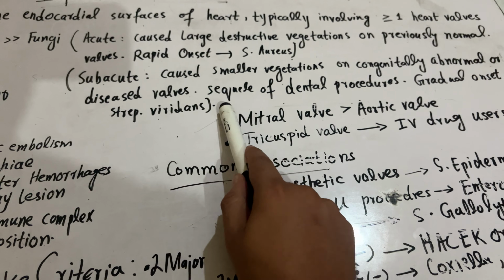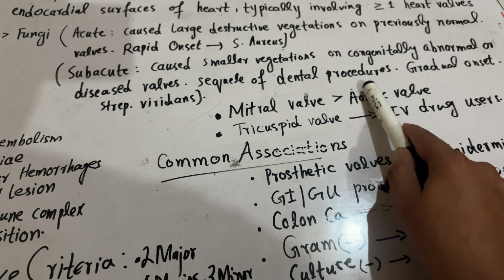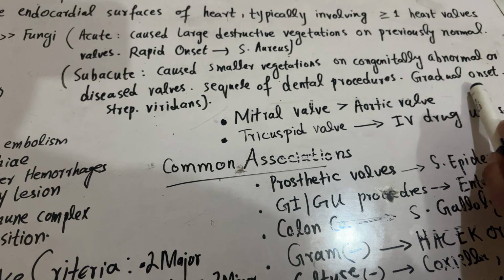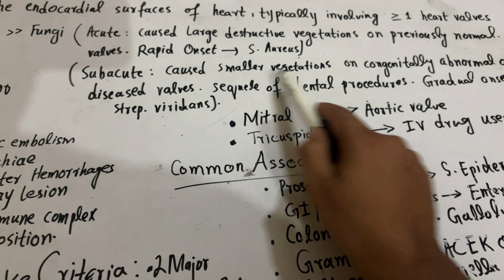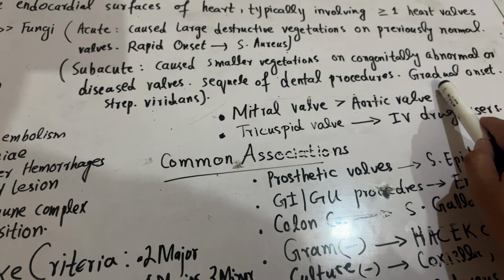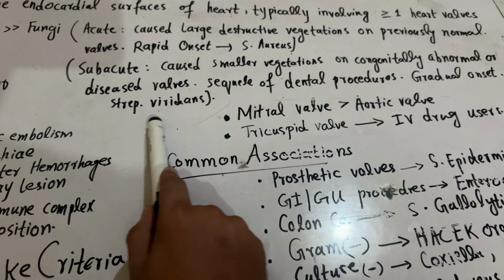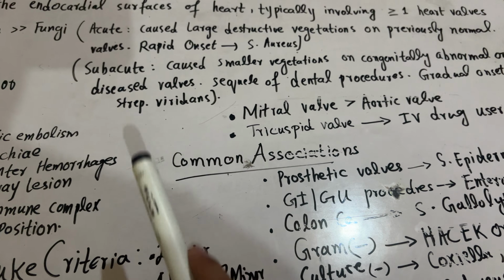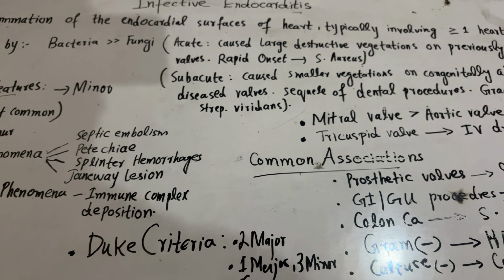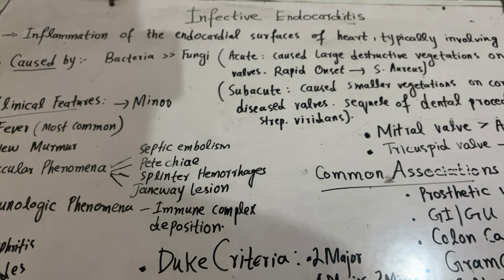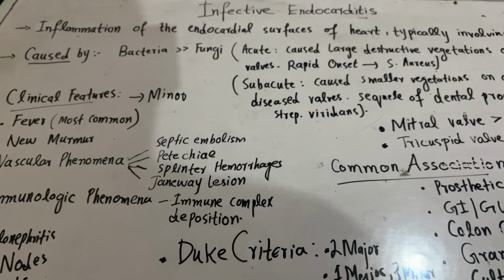It is gradual in onset, and it is most commonly caused by the Strep viridans group of bacteria. So these are the two forms of infective endocarditis, acute and subacute.